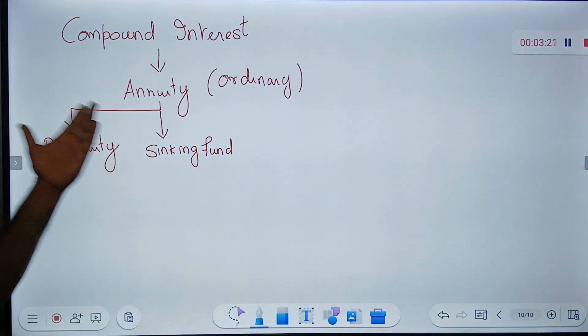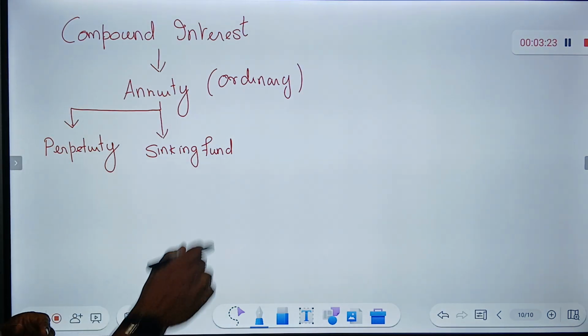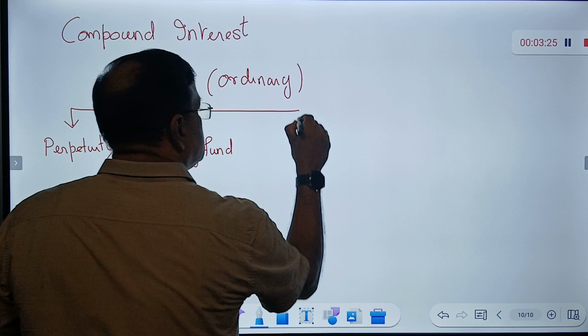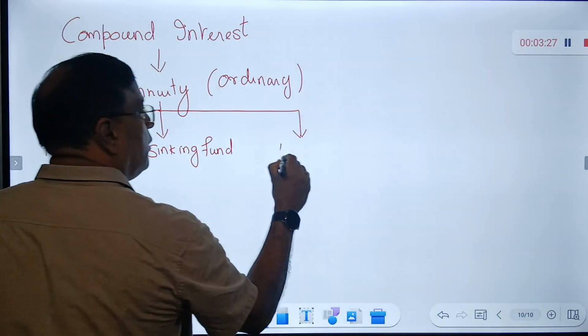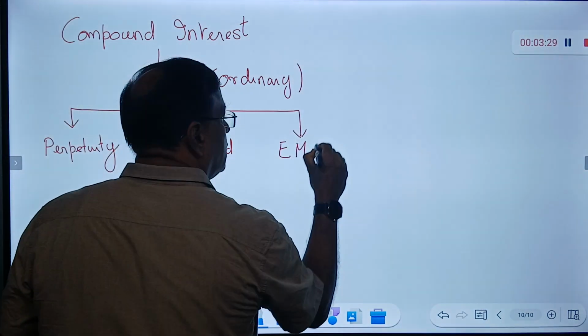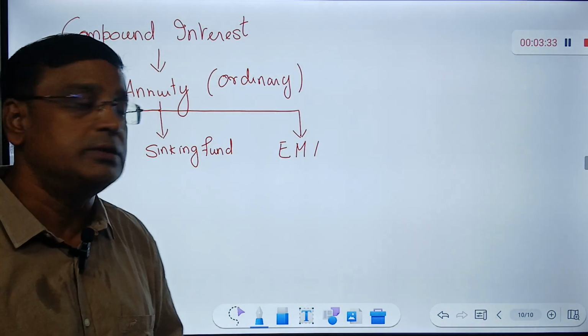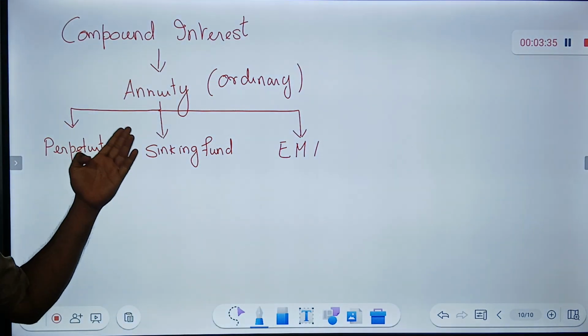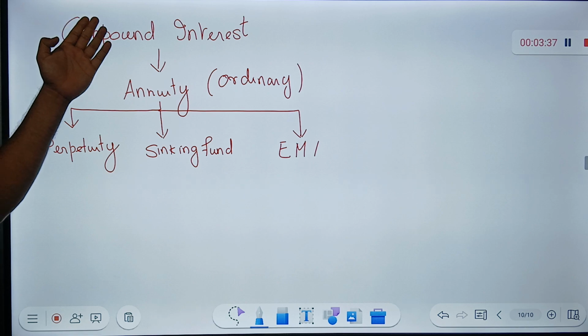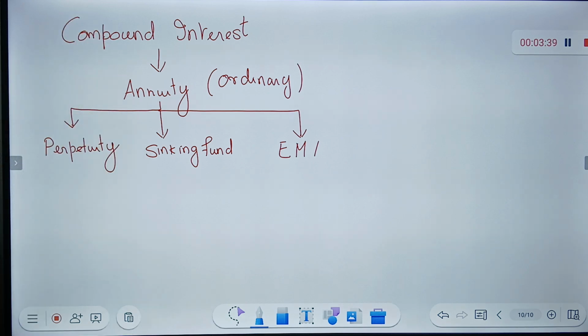So a sinking fund is also a type of annuity. If you put some other restriction on it, you have EMI. All these chapters we are going to do under financial mathematics. EMI is nothing but an annuity. Basically, it's about calculating compound interest.